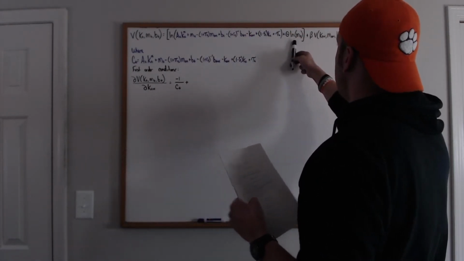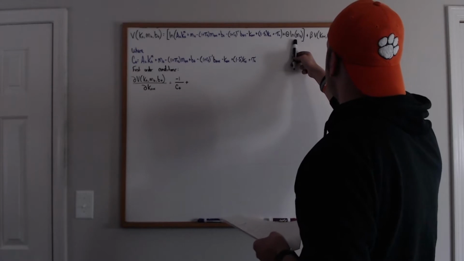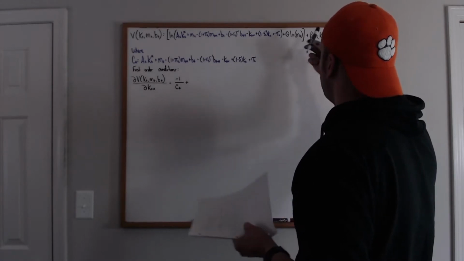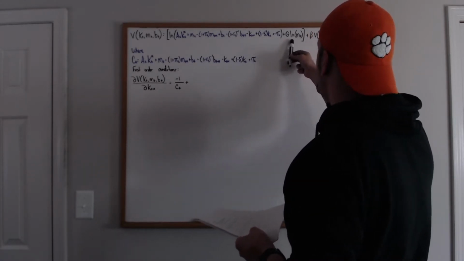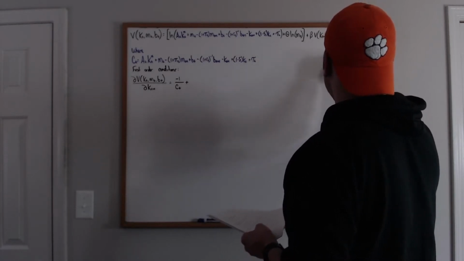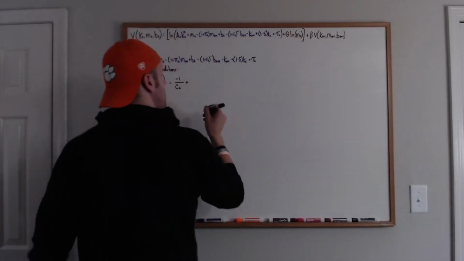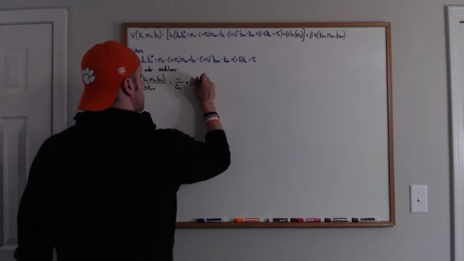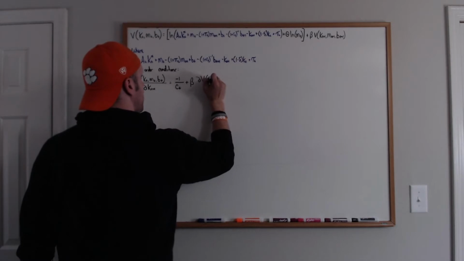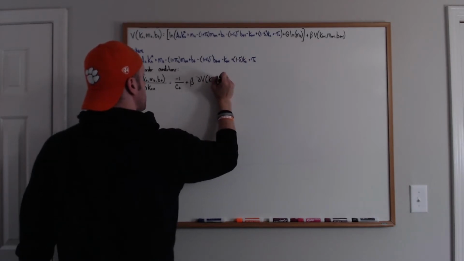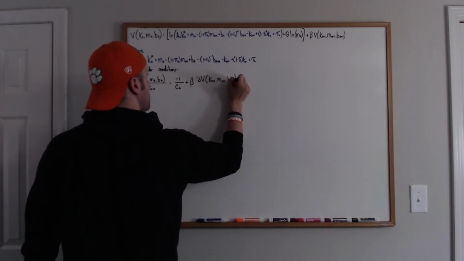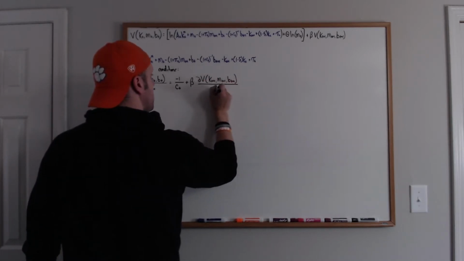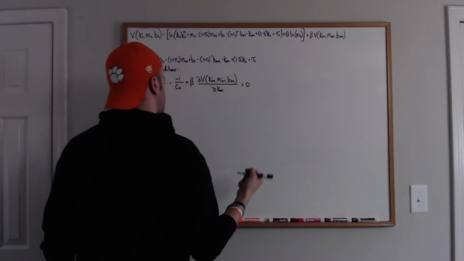Theta natural log of M_t, well, I haven't substituted anything in for M_t, it's just real money balances. So that just goes away, right? That differentiates to 0, which means I just have this thing. I get negative 1 over C_t plus beta times the partial of this value function with respect to K_{t+1}, and set that equal to 0.